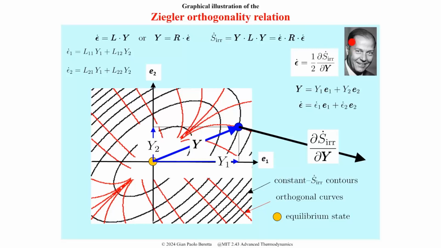Now, what the Ziegler principle orthogonality relation says is that I take this vector, which is the gradient, take half of it, and that gives me the rate vector. The epsilon dot is the rate vector. It's just a half of the red is a half of the black.